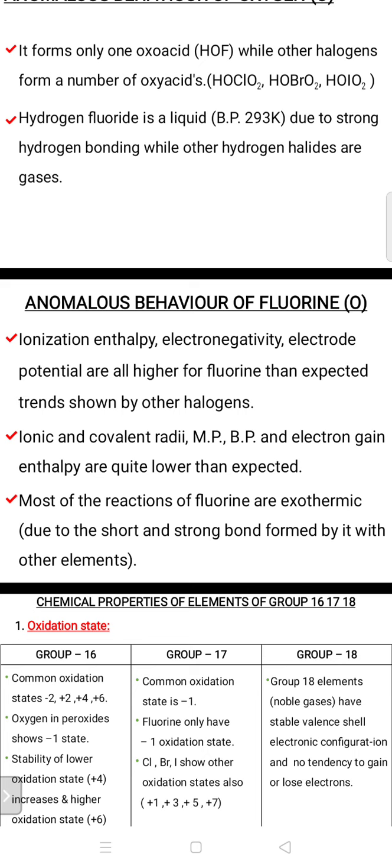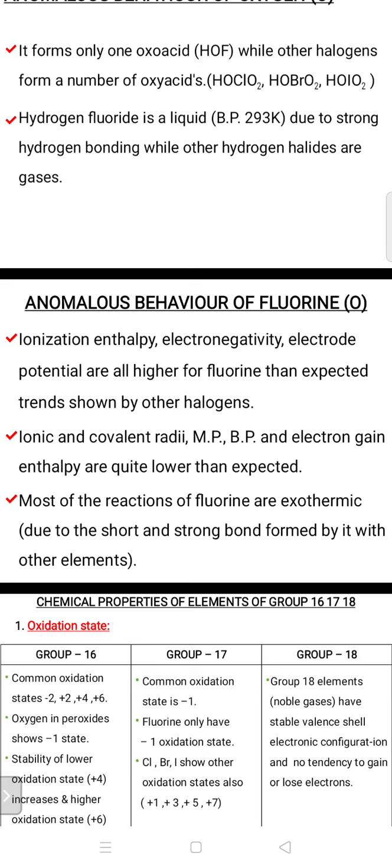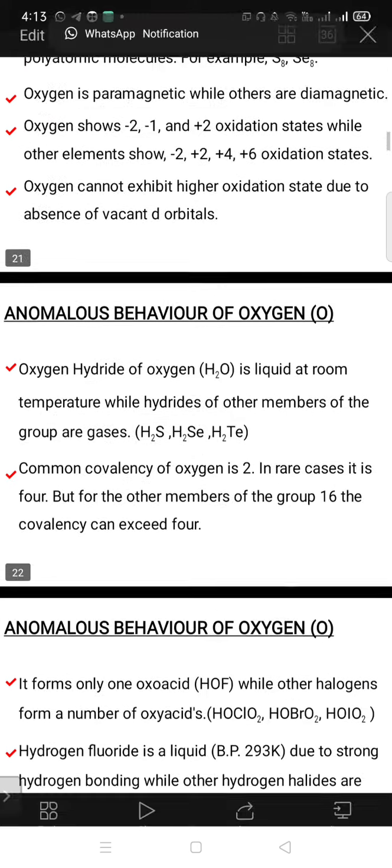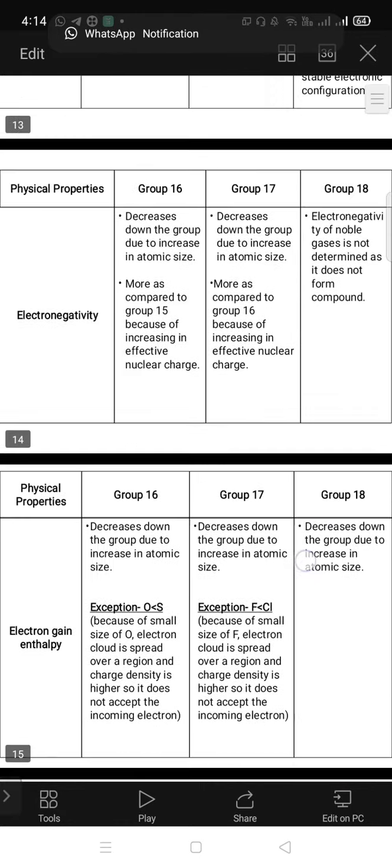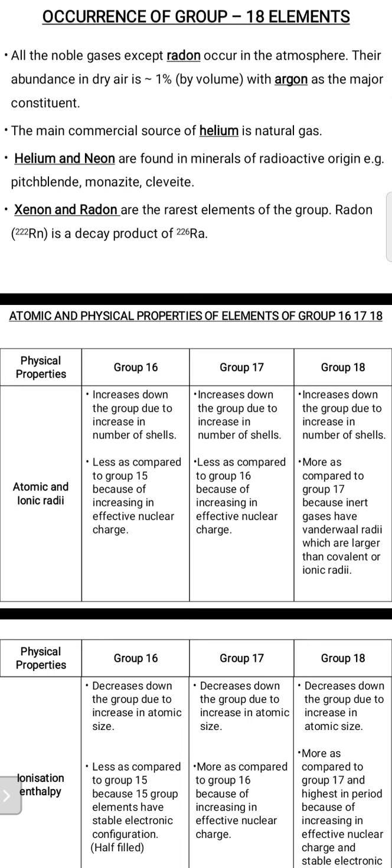In the next lecture, we can discuss the chemical properties of the elements of group 16, 17, 18. Till that time, students have to revise what we discussed today about the topics of group 16, 17, 18, in comparison form of the physical properties. One by one, I am going to revise in short.